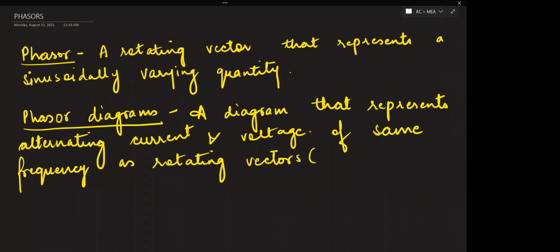Rotating vectors means what? Phasors. So along with them there has to be a proper phase angle between them. This is what is known as a phasor diagram.